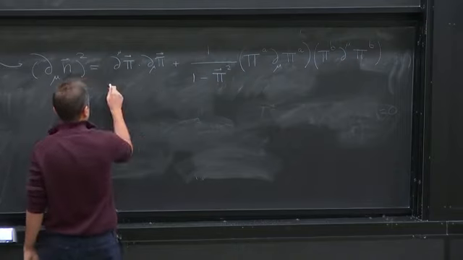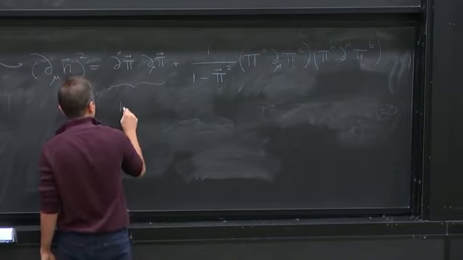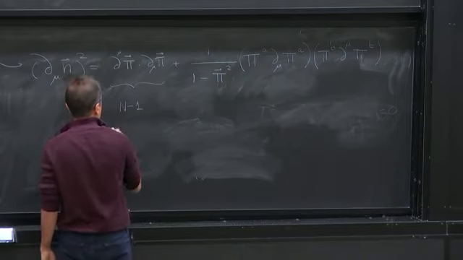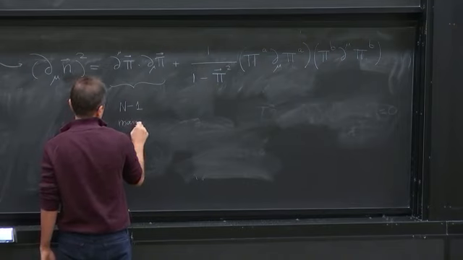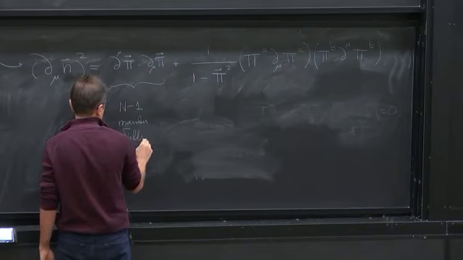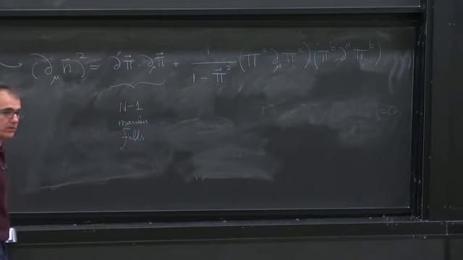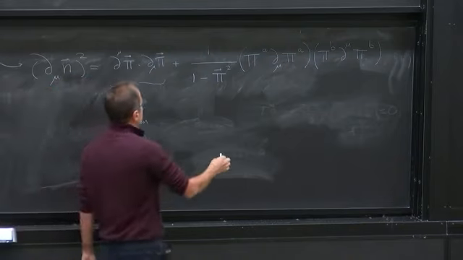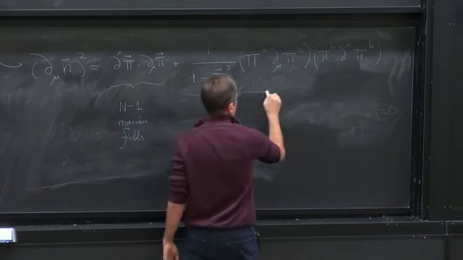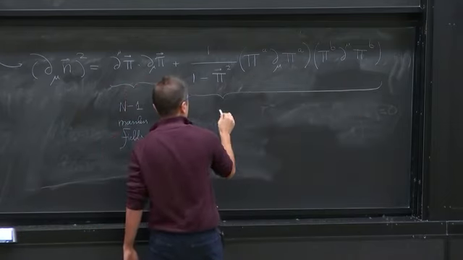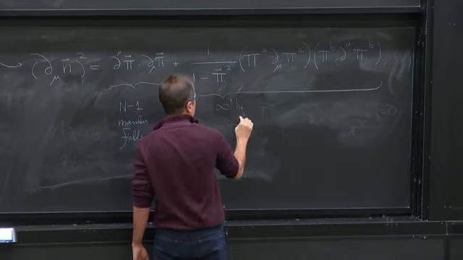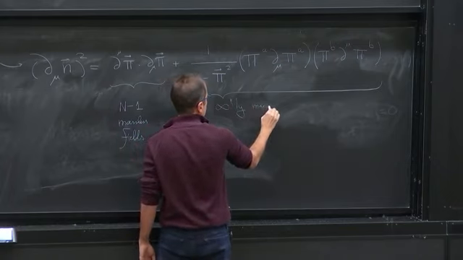And so this would tell you that you have n minus 1 massless fields. And now this stuff would give you infinitely many vertices.